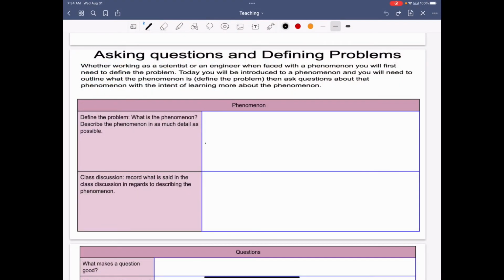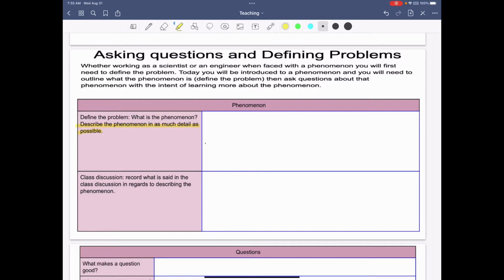All right, so let's go through the slides for this assignment here. So starting off, we saw our phenomenon of the frog that was actually an optical illusion. Okay, so what we would need to do is we need to describe that phenomenon in as much detail as possible. Okay, because today we're focusing on asking questions, it's important that we make as many observations as we can for those questions.